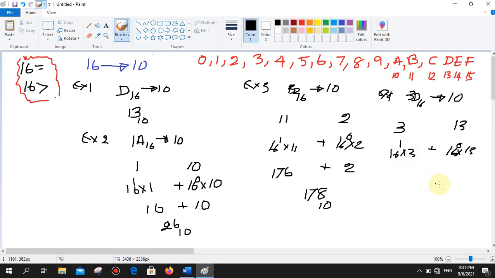So what are the values that will come here? This is 13, and here it's 48. So as a final answer you get 61 in base 10. Don't forget to copy all of these. I think you understand how to convert any hexadecimal value into decimal.